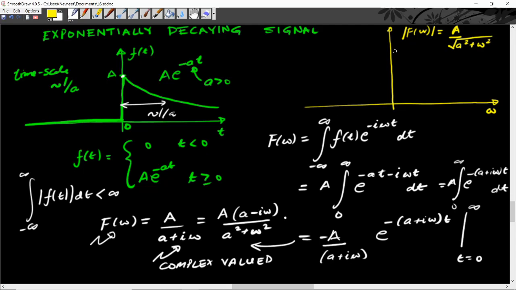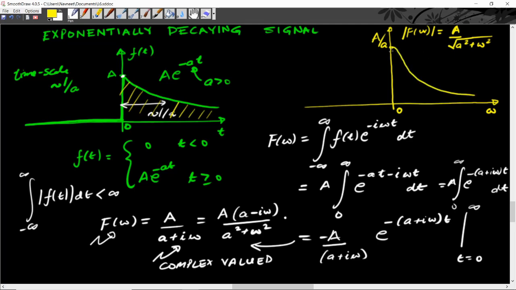This plot will have a peak value at omega equals 0, and again, one can check that this particular value, capital A by a, is in fact the area under this curve.